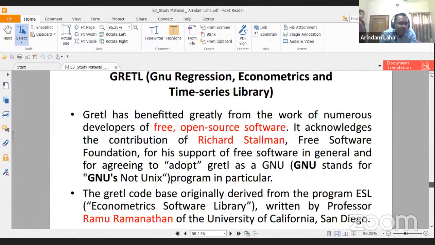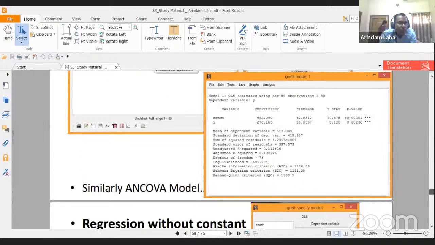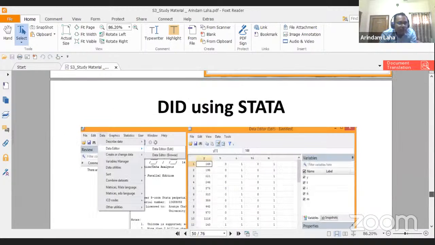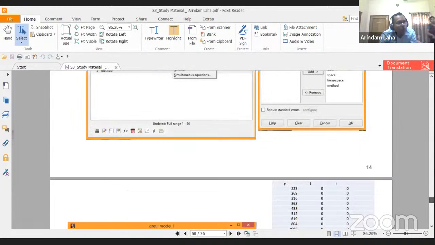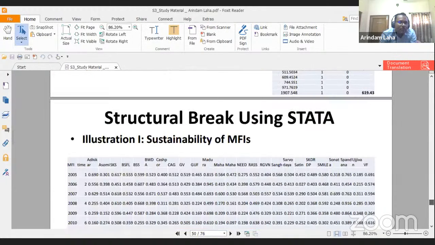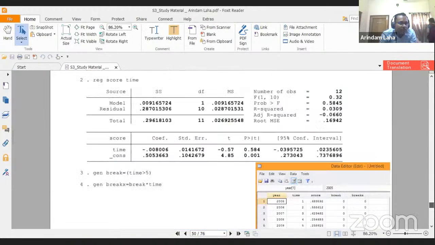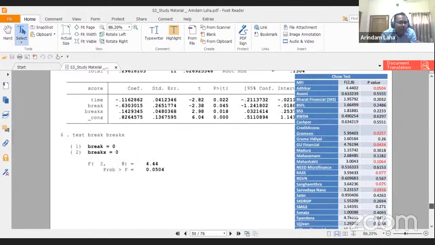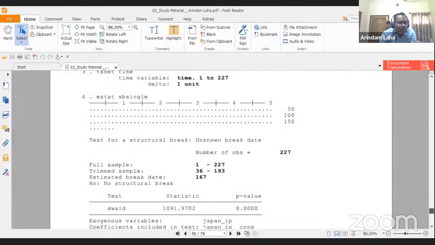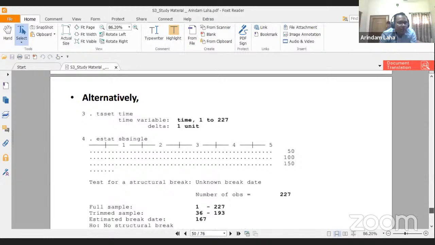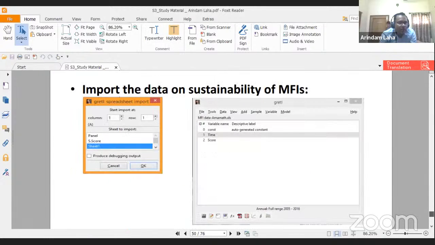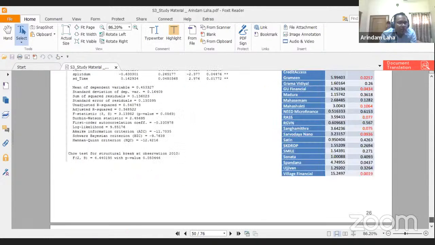Then difference in difference, structural break using microfinance, structural break using GDP and Japan, and structural break by an alternative application. All of the references I have also given.